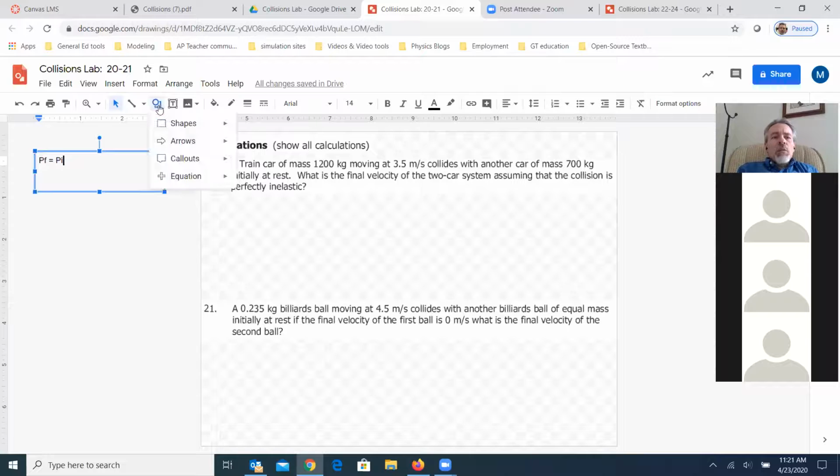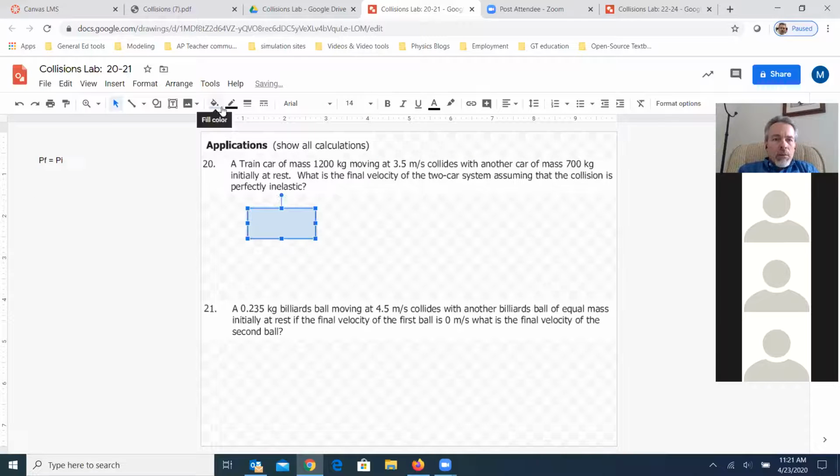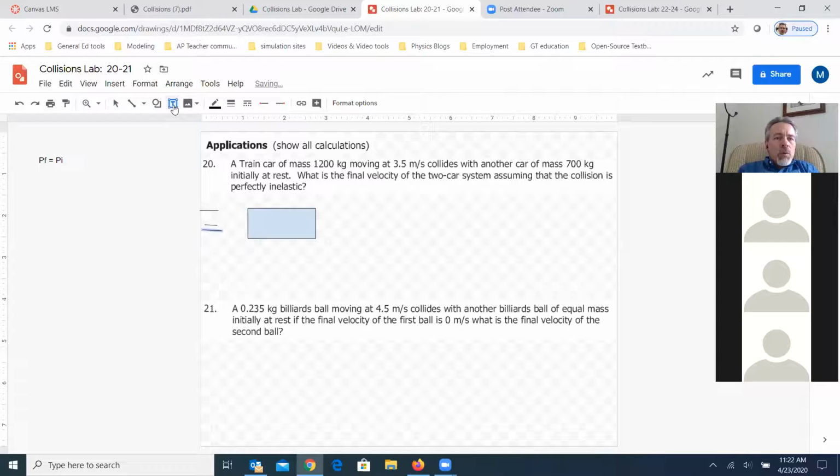It's also important for these, especially for these, to draw a picture because of the vector notation. So I'm going to sketch a picture here of these train cars colliding. So here's a red one. We're going to say the red one's moving. Let's say it's moving to the right. And it's going to collide. Let's say we're going to have it collide with a red one. And that red one is at rest, it says.